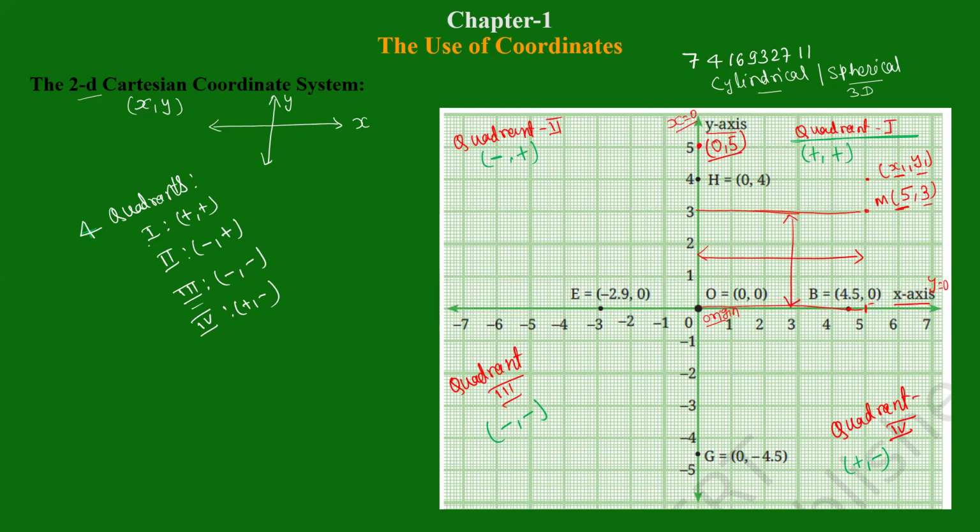So now we'll see exercise set 1.1 from the NCERT. Here most of the material is taken from the NCERT, including the Venn diagram. All credit goes to NCERT. I just explain how you can understand this easily.